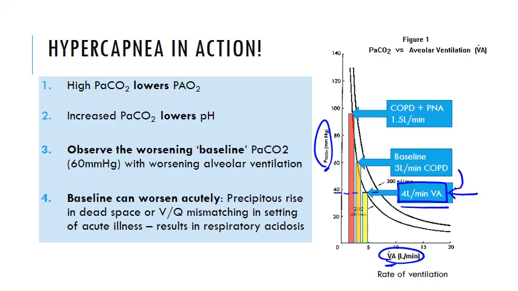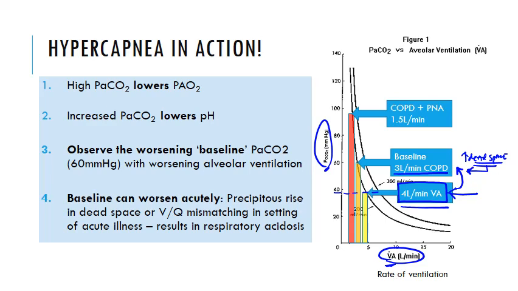Now let's give this patient COPD. Somebody with COPD is going to have a reduction in alveolar ventilation, and in this patient we can see that alveolar ventilation has been reduced from 4 liters a minute to 3 liters a minute because of an increase in dead space.